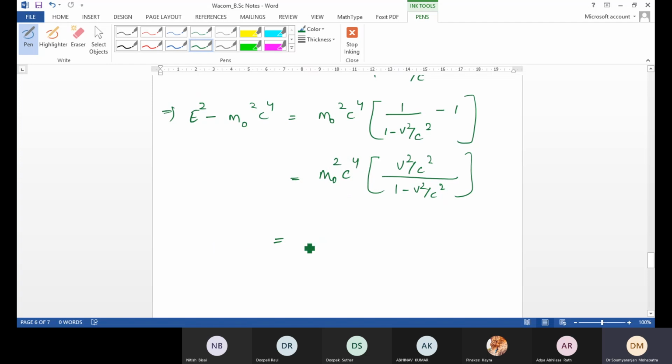So this can be written as c square v square m naught square whole divided by 1 minus v square by c square. Is it correct? Did you find this answer?